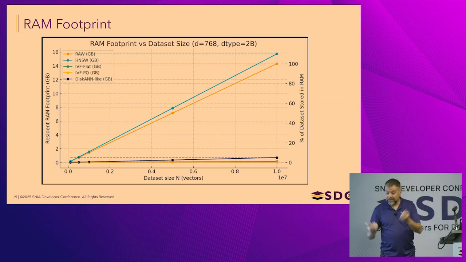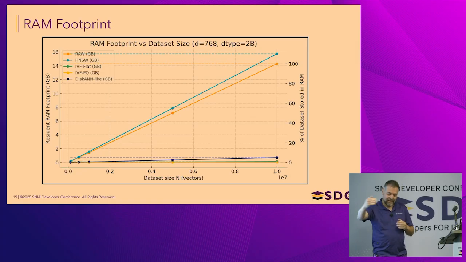So let's talk about the RAM footprint. Since every indexing technique is stored in memory, here is the percentage of the data set that is physically in RAM when you create the index.